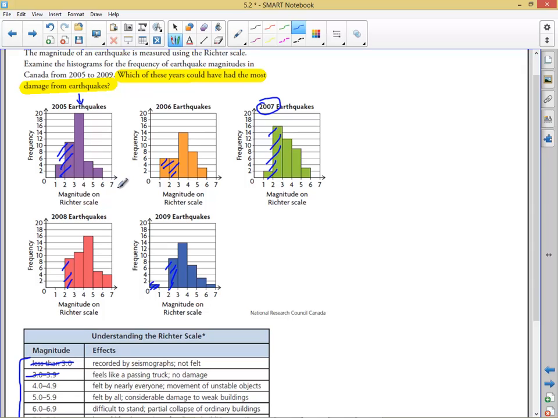And what might be useful for us to do is let's construct a graph or a table showing the number of earthquakes that happen for each of those years. So if we looked at, say, 2005, 6, 7, 8, and up to 2009, and again, just a very rough table.